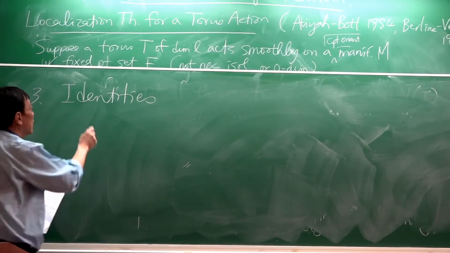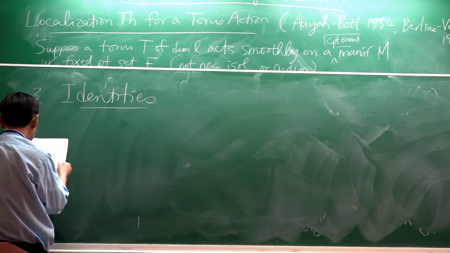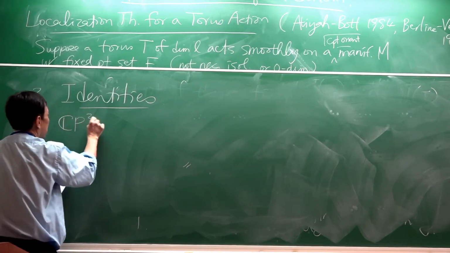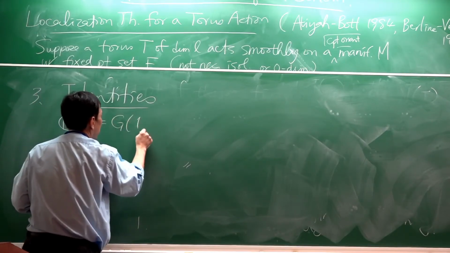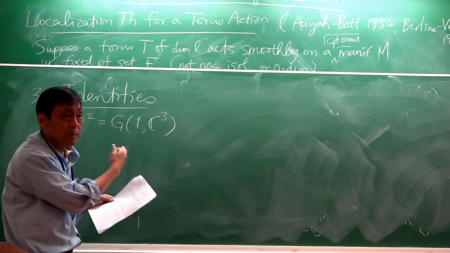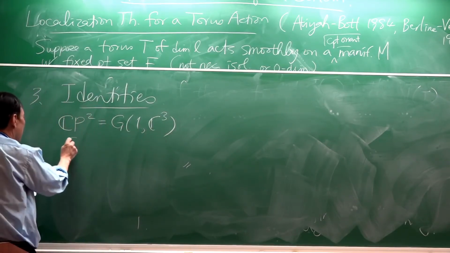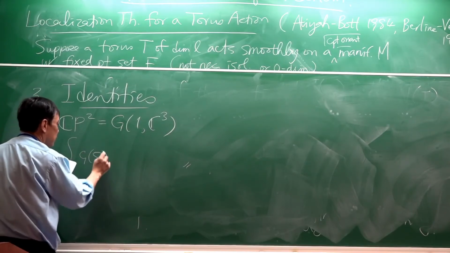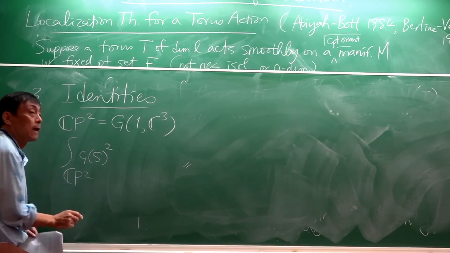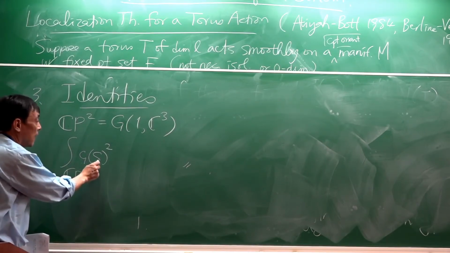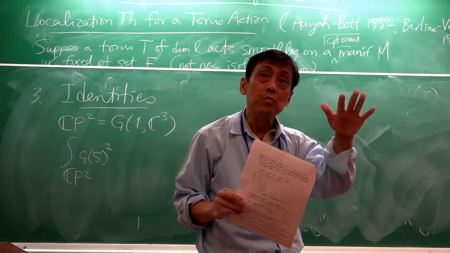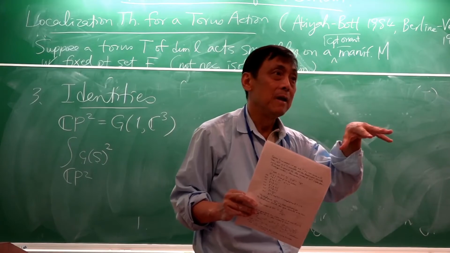And then we get identities. So for example, if you apply that formula to CP2, which is lines in C3, and you compute, say, the Chern number c1 squared. Now c1 of S, where S is the universal subbundle, is the dual of the hyperplane bundle.